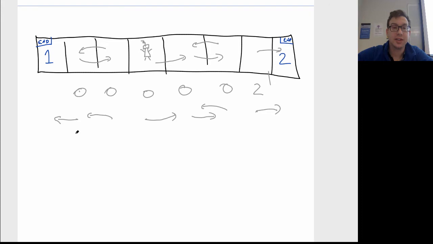Yeah, 1, because I just go left and then I get 1. And this one? So who says 0? Put your hand up if you think 0. Put your hand up if you think 1. Put your hand up if you think 2. Okay, you're correct, 1. Because if I ran this policy forever, I go left and then I go left, and then in 2 steps I'll be done.